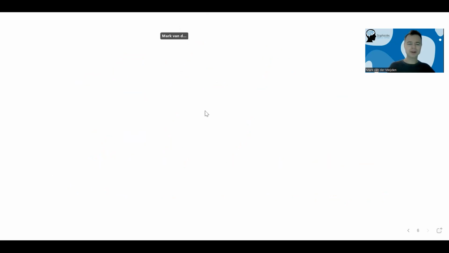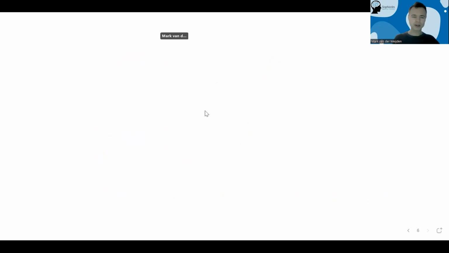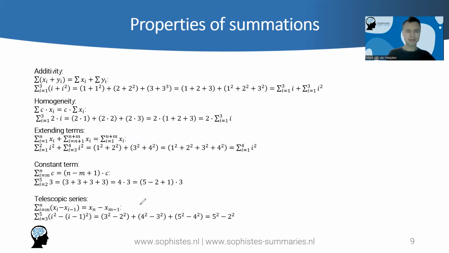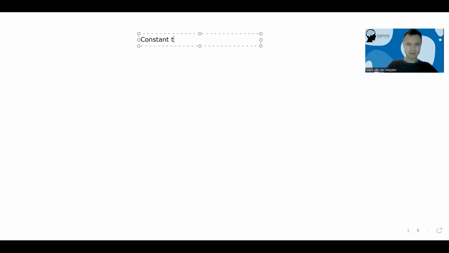Then we go to the next one. Constant term, one of my favorite properties, the constant term property. So let's do an example of that one as well. So the idea with the constant term property is you have a starting value of m.